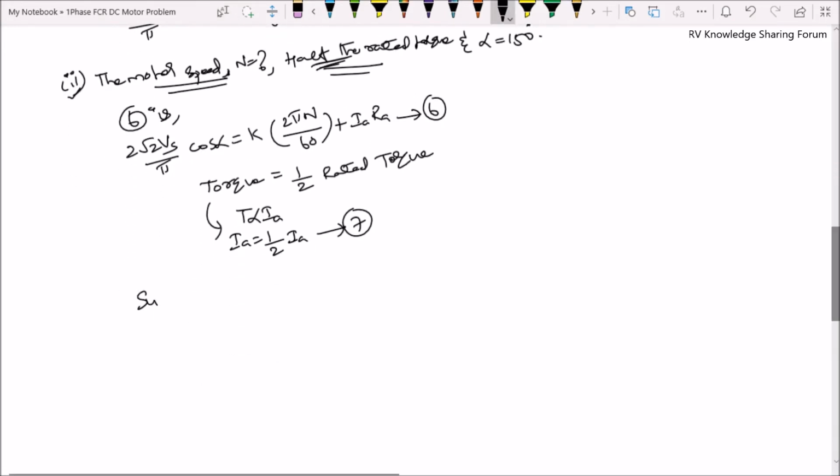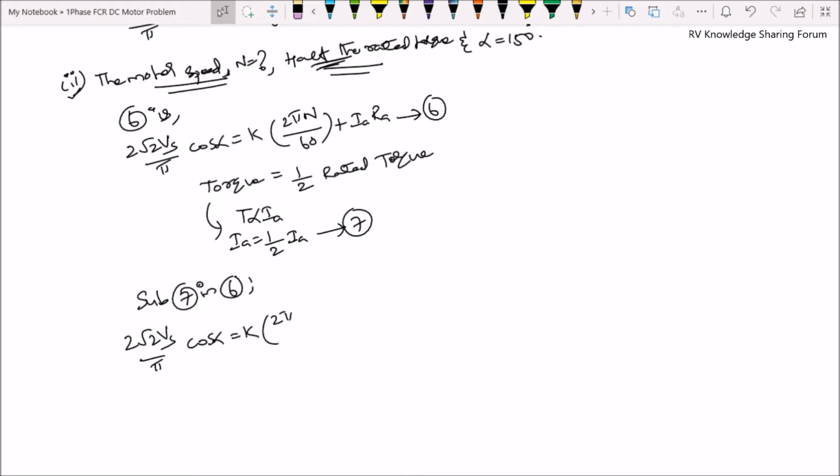Substitute 7 in 6. What happens is 2 root 2 Vs by pi cos alpha is equal to k into 2 pi n by 60 plus, instead of Ia, we have to substitute 1 by 2 Ia into Ra.